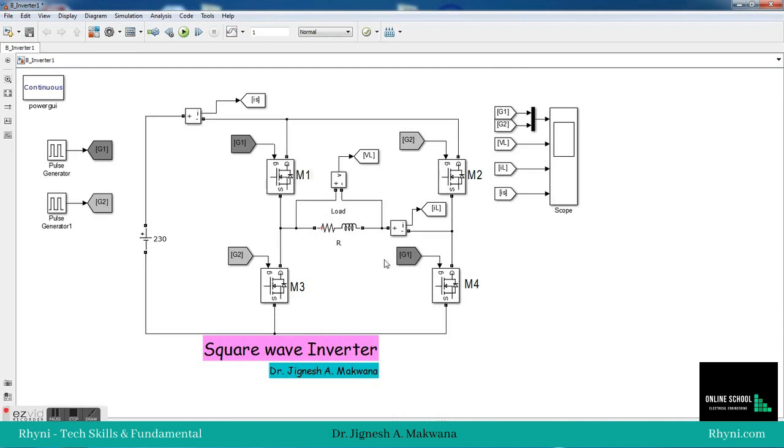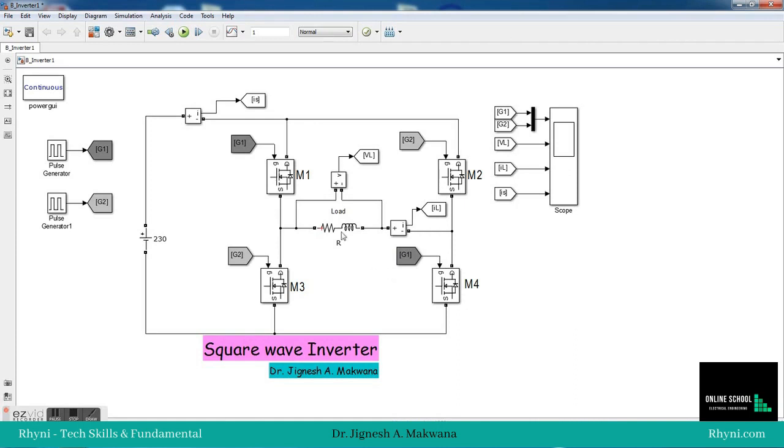To generate the gate pulse, we require this kind of arrangement, so we can generate one pulse which can turn on these 2 switches. How long it will remain on: because we require 50 Hz, the total cycle is 0.02 second.